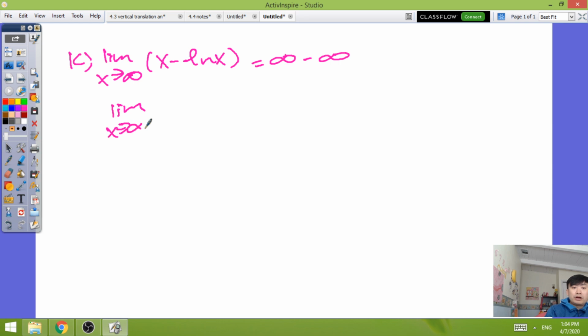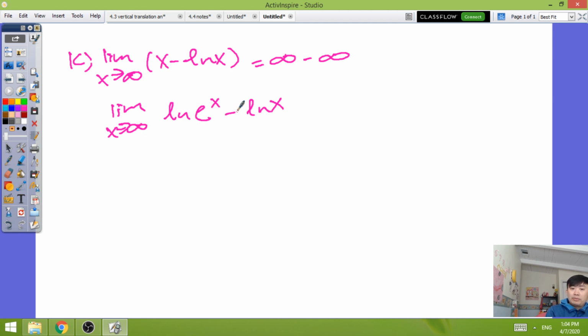We can always use the properties of natural log. So x can be considered natural log of e to the power of x, and then minus natural log of x. One thing we notice is that natural log of e is 1, so 1 times x, because the power can be brought down.